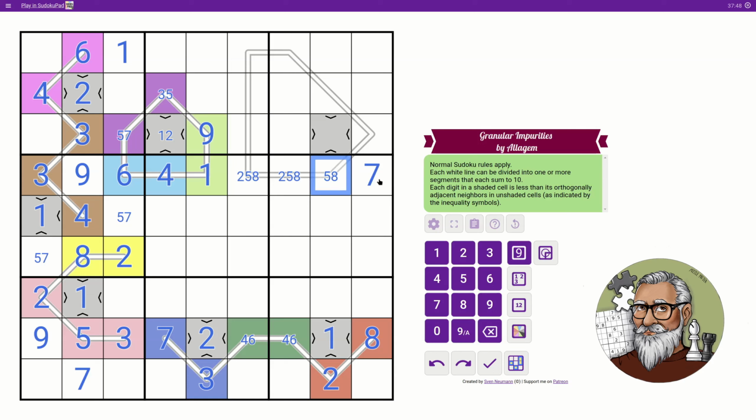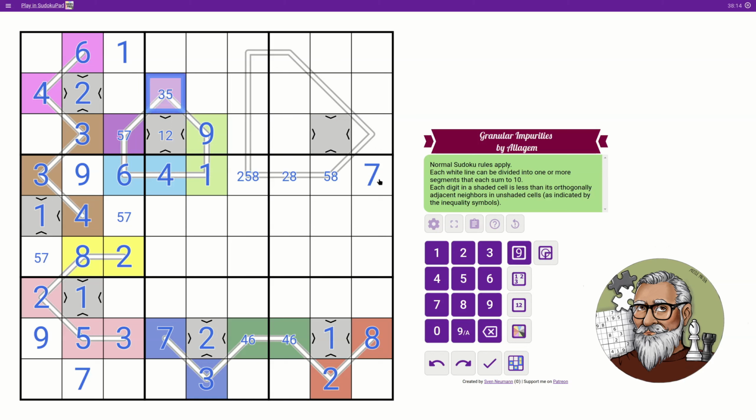Alright, but this one can't be 5, can it? No. It can't be 5. Right. And that means... I don't think that means anything yet. Because if this is 8-2, and this is the 5, okay, we get a 5 here. This becomes a 7-3.